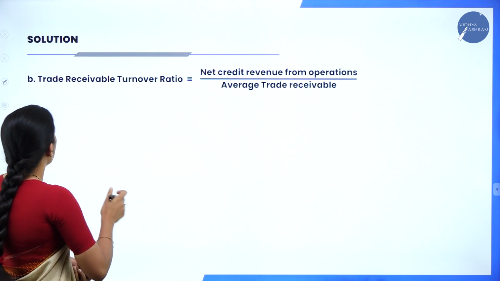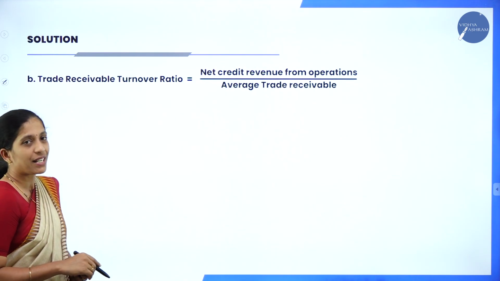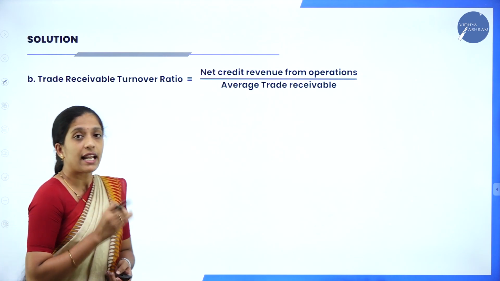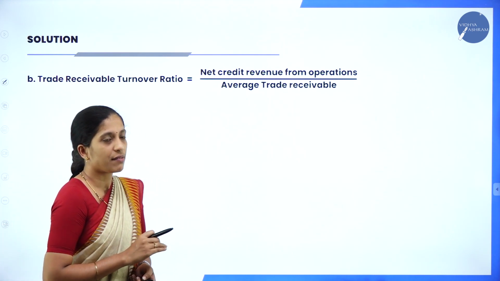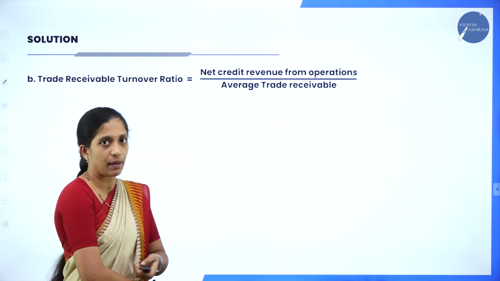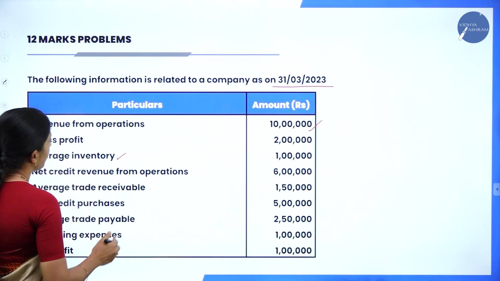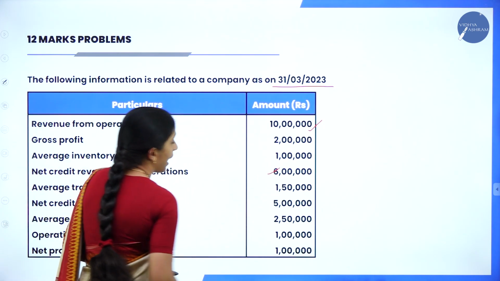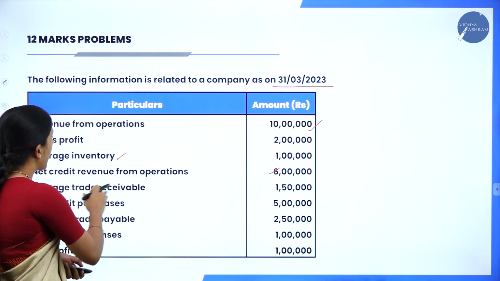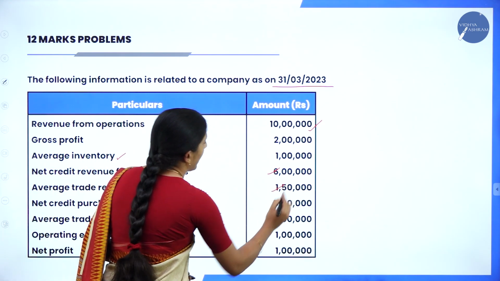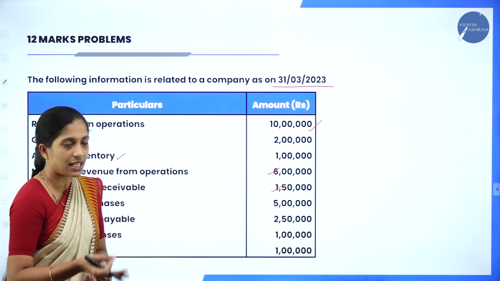Hope you are clear. Now, moving on to the next one, trade receivable turnover ratio is equal to net credit revenue from operations divided by average trade receivable. Now, let us see the question. Net credit revenue from operations 6 lakh, divided by average trade receivable 1,50,000. Both they have given us directly.